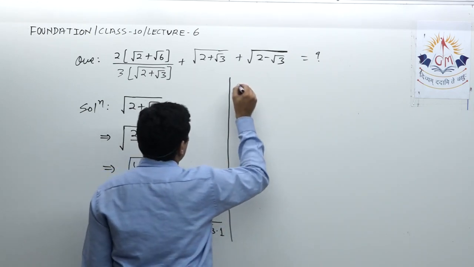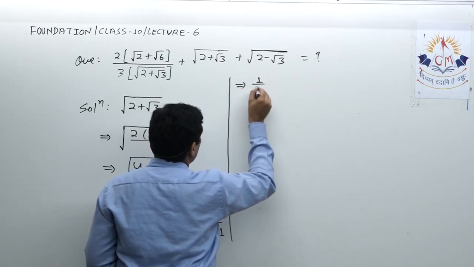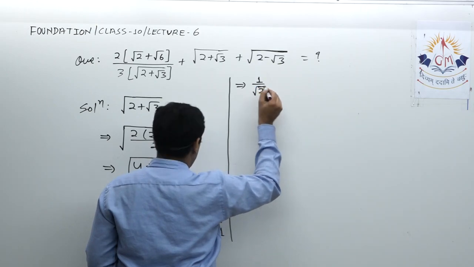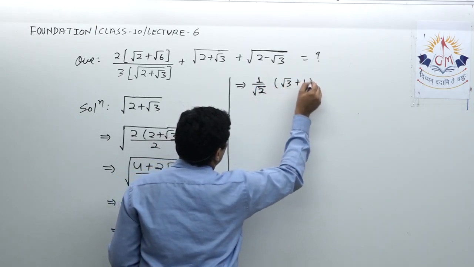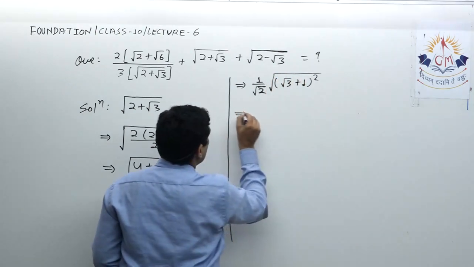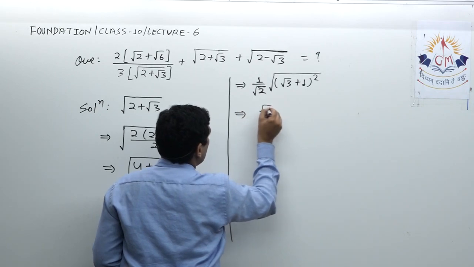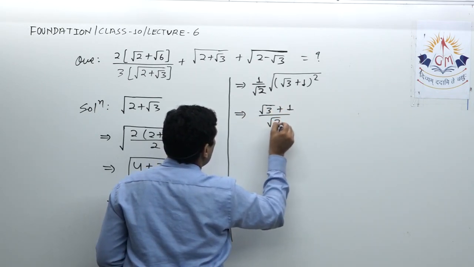So I can further write 1 upon root 2, root 3 plus 1 whole square, under the square root sign. So I'll get root 3 plus 1 upon root 2.